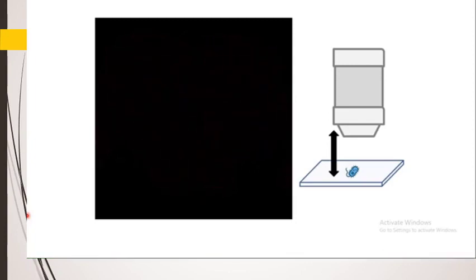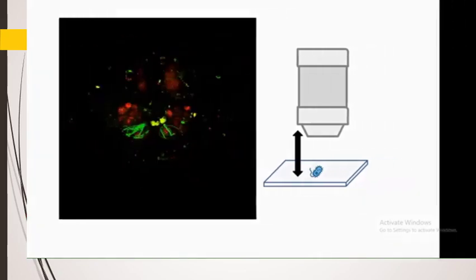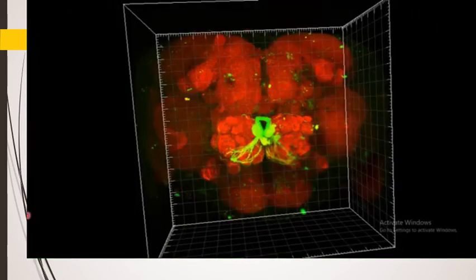You're going all around the image plane and imaging all the planes. Later a 3D reconstruction of the image could be possible like this. So we are actually not physically sectioning, whereas we are imaging at a time from a particular focal plane, and we are collecting light from a particular focal plane. So that gives rise to these beautiful images.